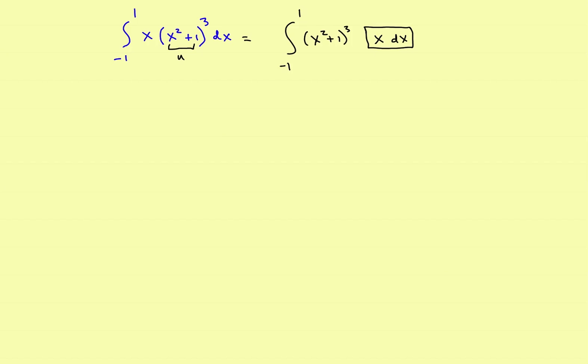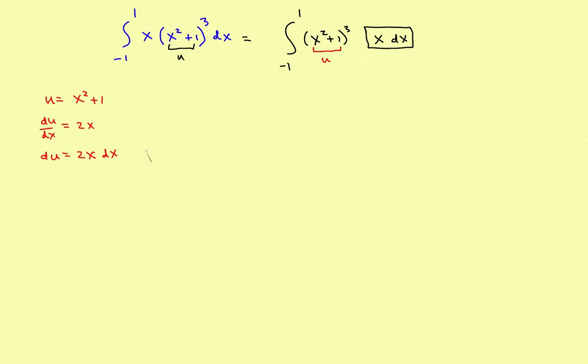Okay, now I'll do it just like we've done all the other problems. We'll go ahead and start with this. Let u be equal to x squared plus 1. So du dx would be equal to 2x. That means that the differential of u would be 2x dx.